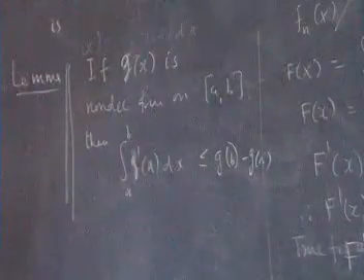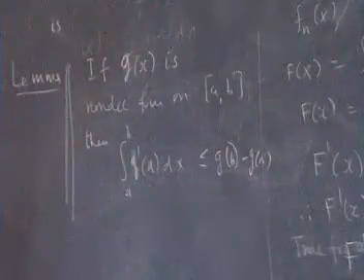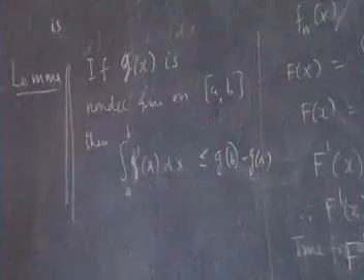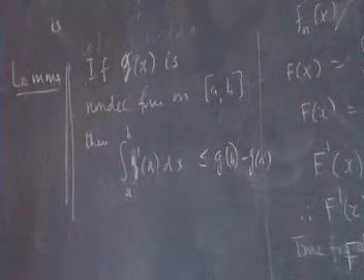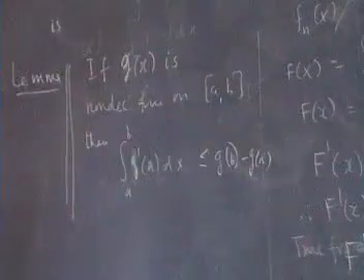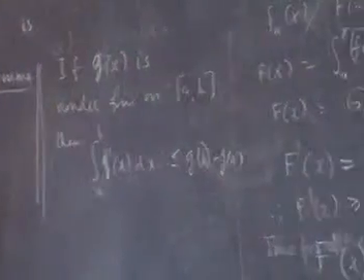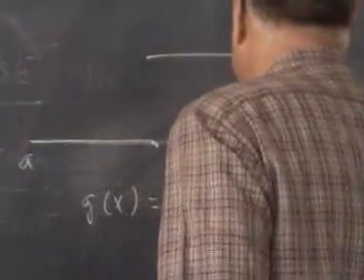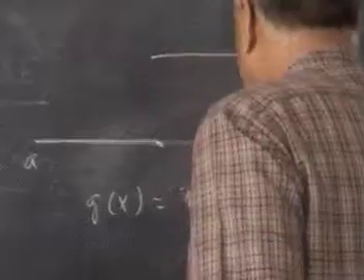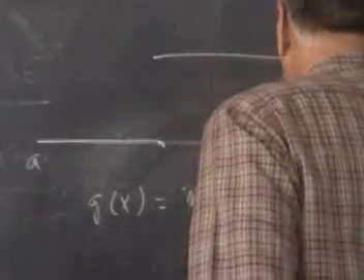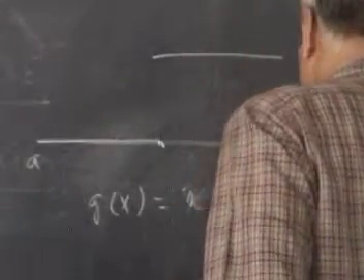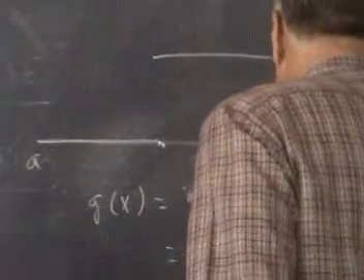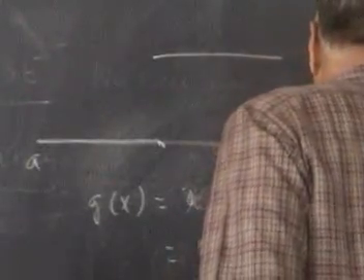Take the function to be 0 up to this point and 1 after that. It's a non-decreasing function, right? g x is equal to 0 if x is less than a plus b over 2, and 1 otherwise.